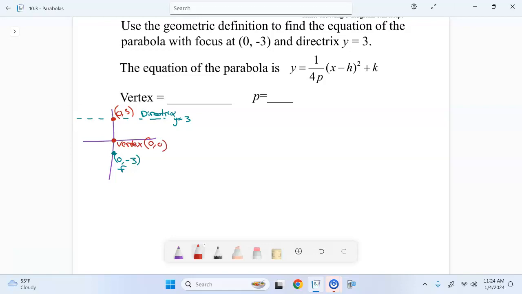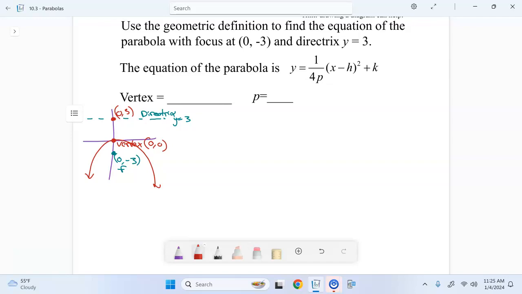Okay? So we know where our vertex is. We know where our focus and our directrix is. We need to know which way our parabola is going to open. What direction is it going to open? Down. Open in the direction of the focus. So we're going to go down. If our parabola is opening in the negative direction, our p-value is negative.